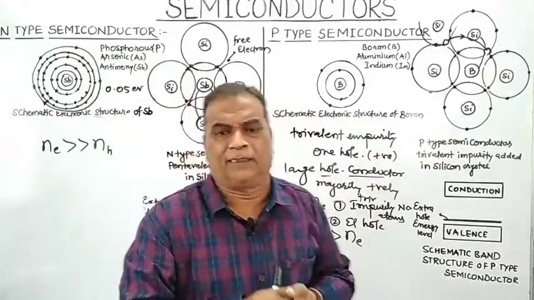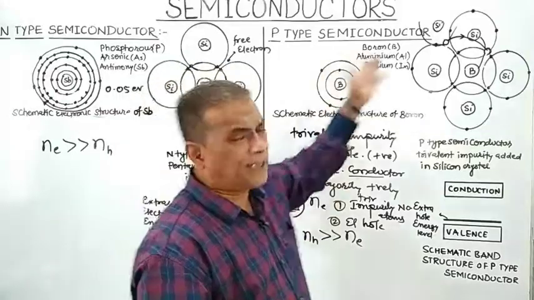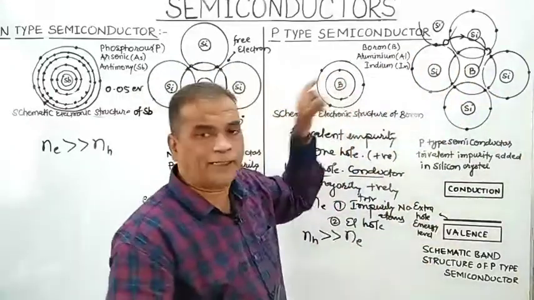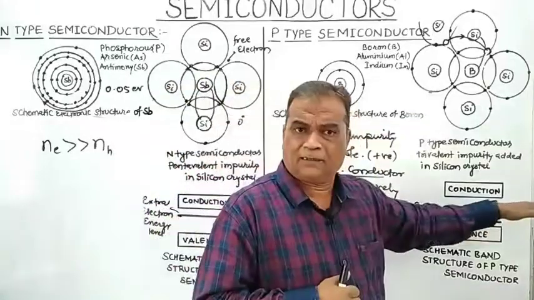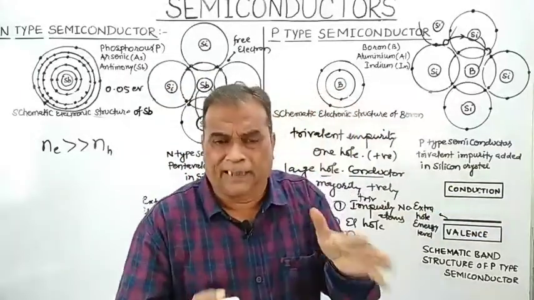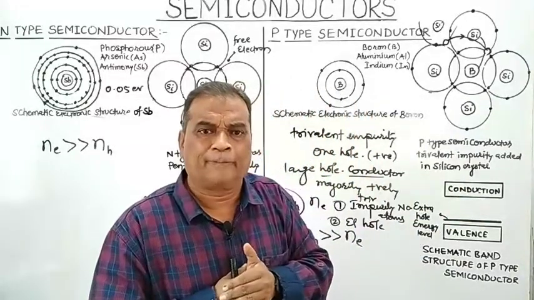So remember one thing: the energy level of the hole donated by a trivalent impurity is in between the energy gap and it is near to what? The valence band.